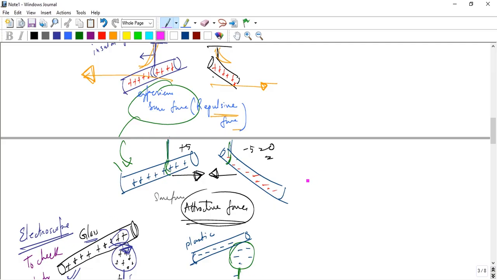The important term is force. Next class we discuss the attractive force and repulsive force between two charges, like charges. These forces come from Coulomb's law.